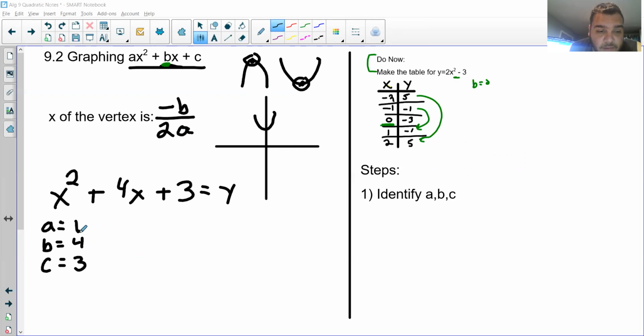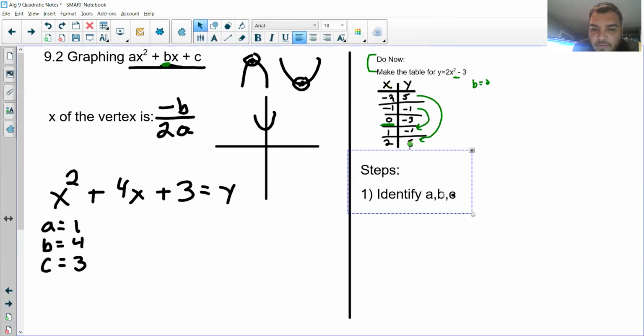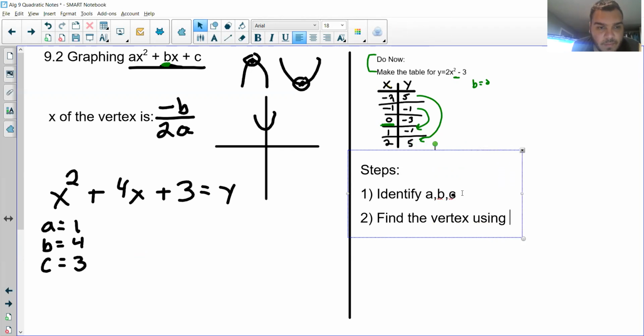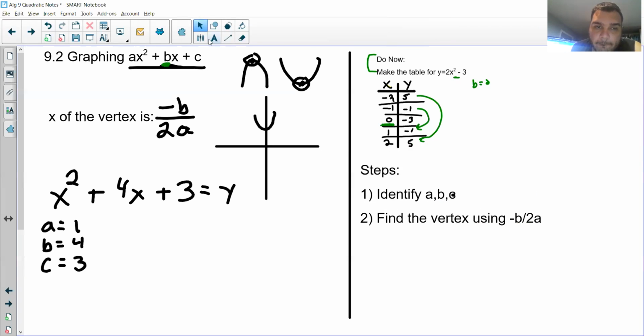Okay. So we have our ABCs, we identified it. Now we're going to use it to our advantage. Number 2, find the vertex using negative b over 2a. So I just plug it in an equation.